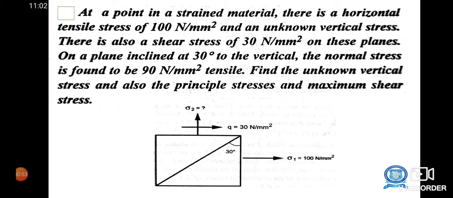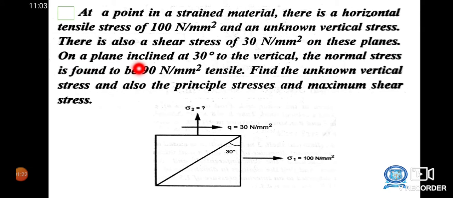So that is the problem. At a point in a strained material, there is a horizontal tensile stress of 100 Newton per millimeter square and an unknown vertical stress. There is also a shear stress of 30 Newton per millimeter square on these planes.